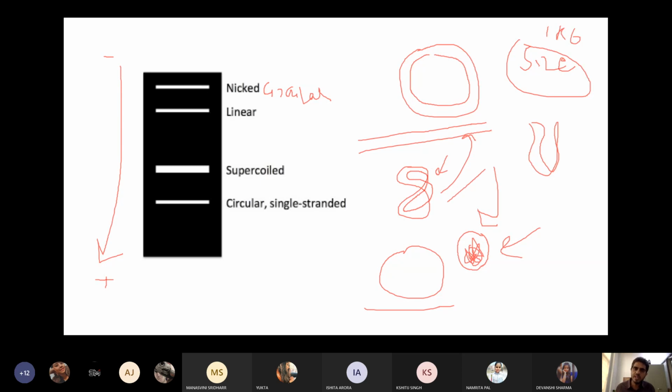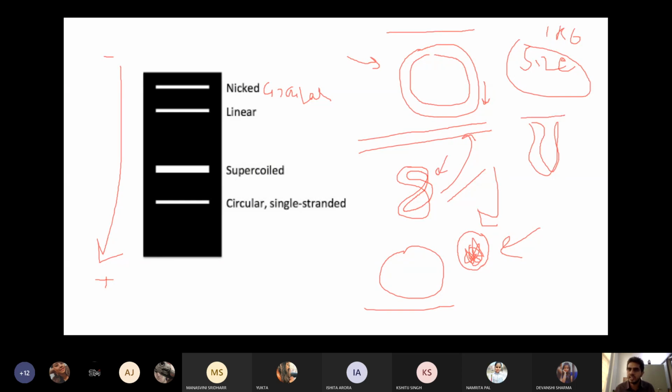Now coming to the nicked circular one. It is double stranded and nicked, so it's relaxed, and no supercoiling is there. Now it is a circular one. Because of its circular nature and because of the steric hindrance that I mentioned, because of the double stranded nature, it can't change its shape. It is going to remain within this frame, this area.